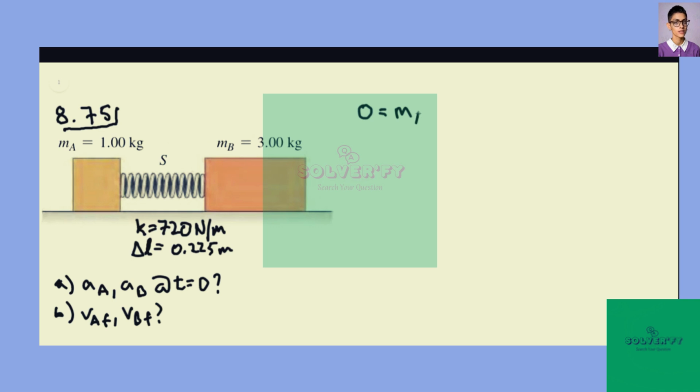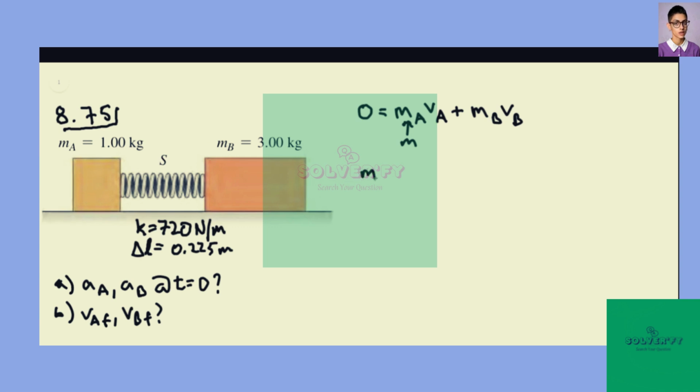And so at every point in time, regardless of whether it's during the spring expanding or after they've gone off in either direction, this relationship will always be true. And so for brevity, we can just call this m. And we know that this is 3m.